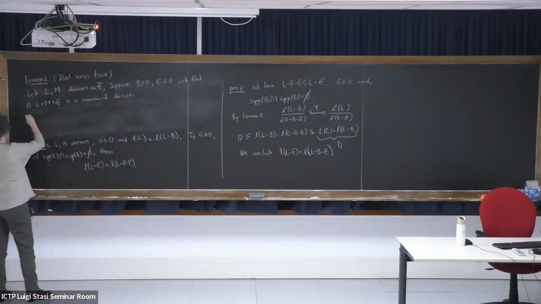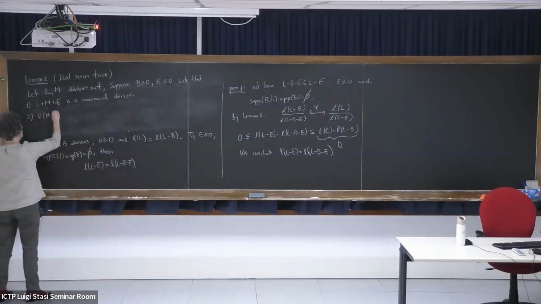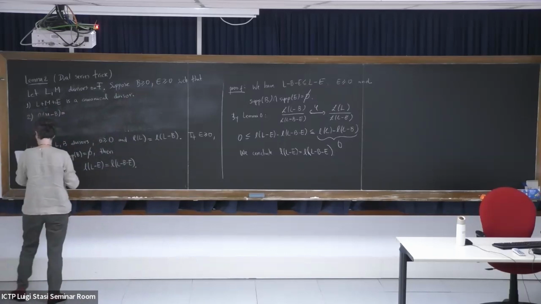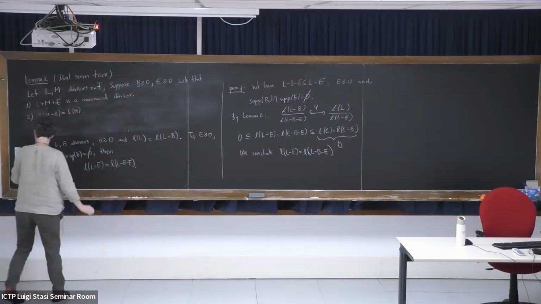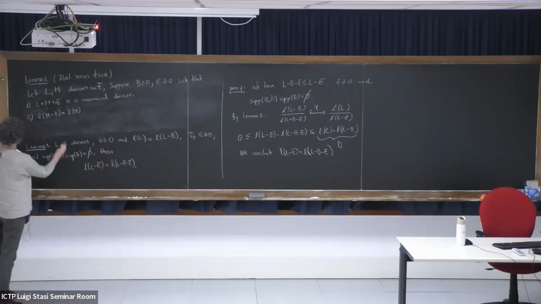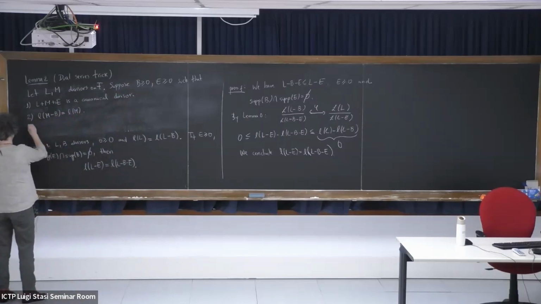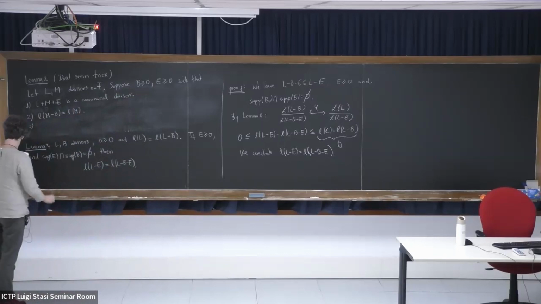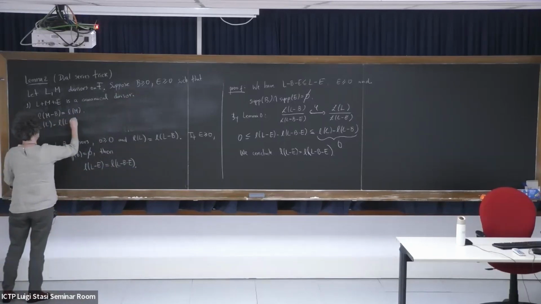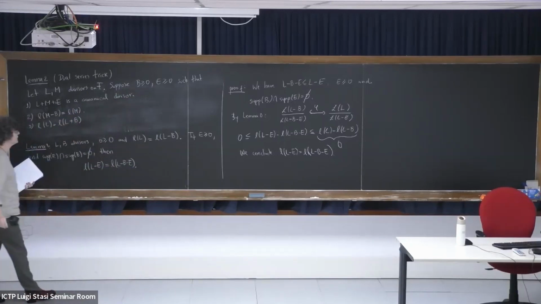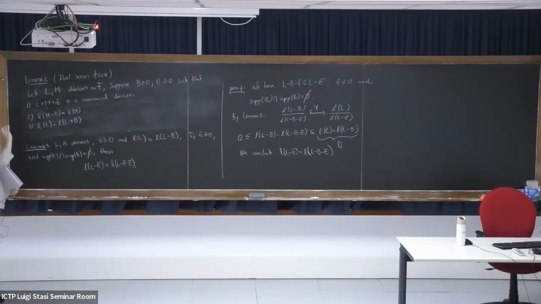Two, the dimension of M minus B is equal to the dimension of M, of the Riemann-Roch space defined by M. And three, we also have the dimension of L is equal to the dimension of L plus B. So you have four divisors satisfying these conditions.